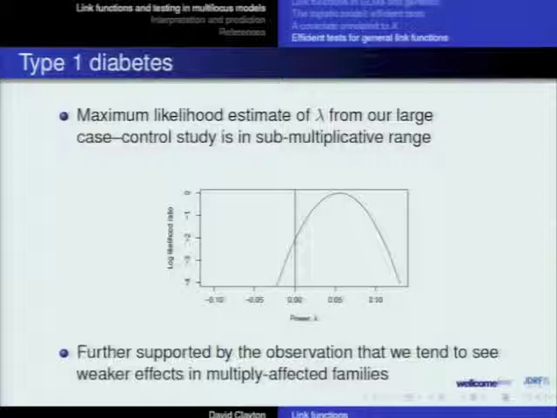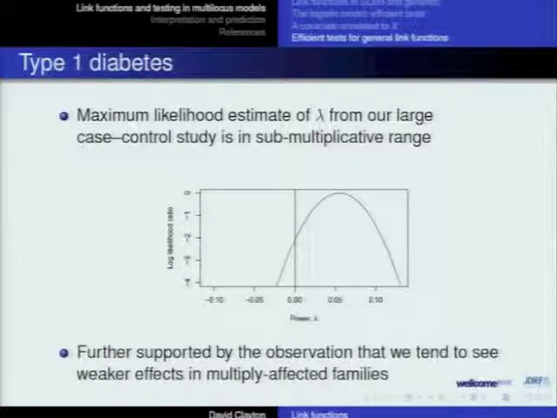So what happens? Well, you can estimate this parameter of the link function by maximum likelihood from the data. And I went through that with some type 1 diabetes data some years back. And this was the likelihood function, the log likelihood ratios that I got for the test for lambda. You sort of end up just about excluding the multiplicative model.